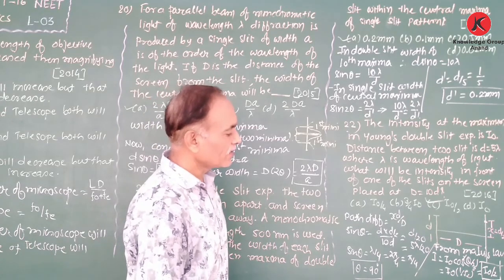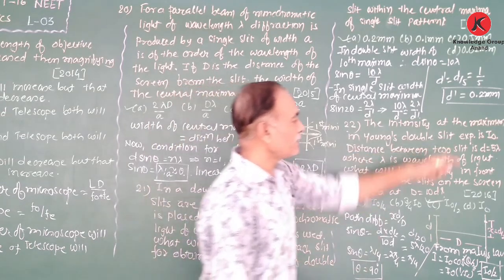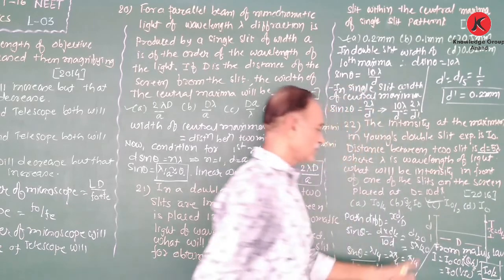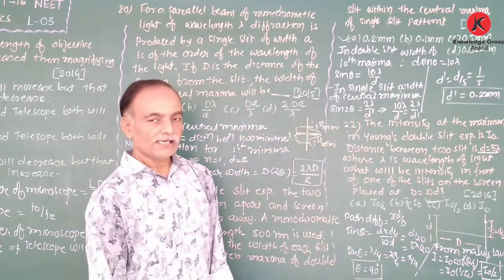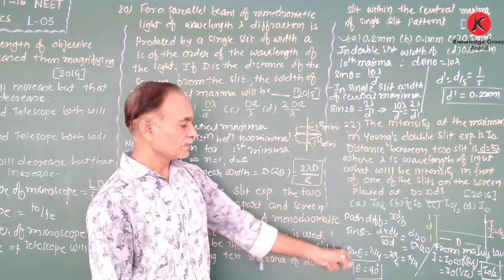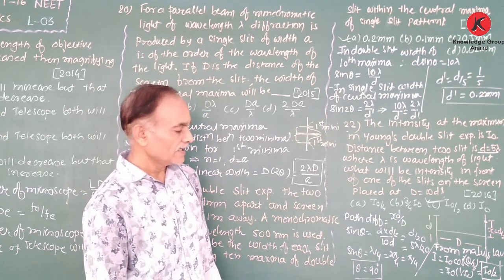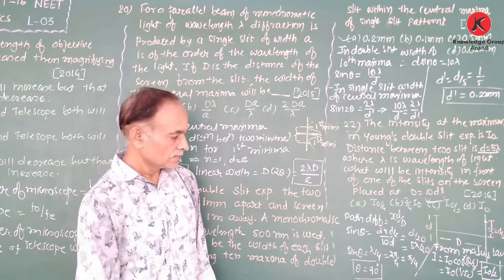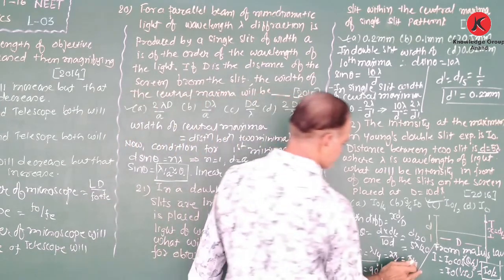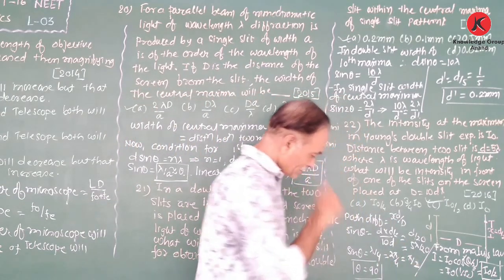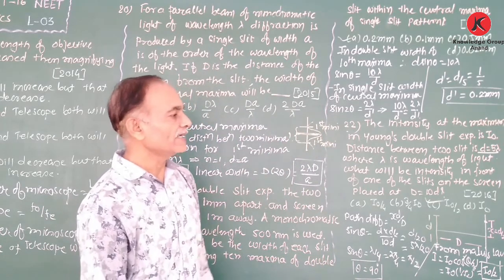Therefore, d upon 20. But d is given as pi lambda. Therefore, pi lambda by 20. Therefore, the path difference is lambda by 4. But lambda is equal to 2 pi. Therefore, pi by 2. Therefore, theta is equal to 90 degrees.